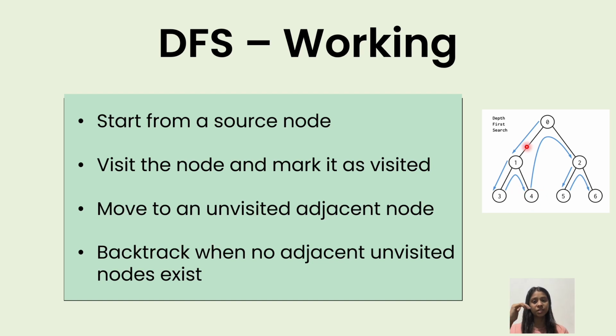You need to go in a specific path like this. You need to first complete this path and then this, and then you go to this path, you finish that, and then finally the other adjacent node which is not visited. I know it sounds confusing, but it's also easy, just like BFS.